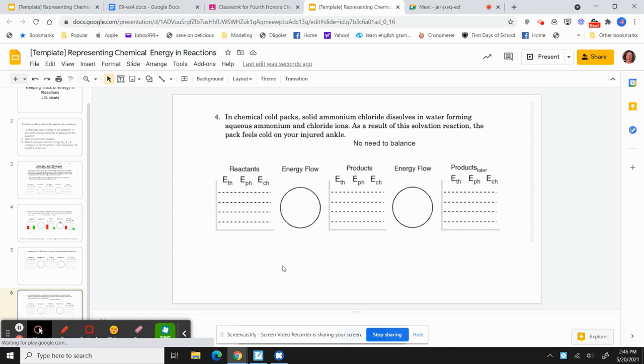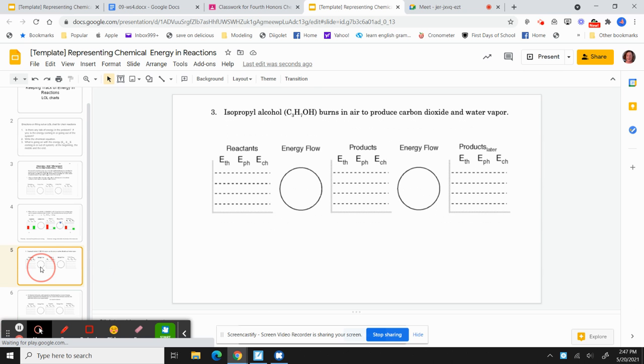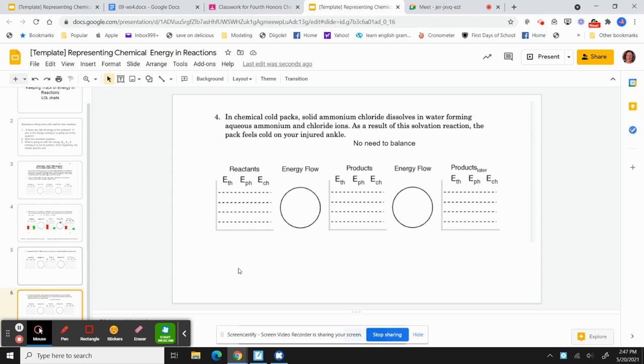You're just going to notice a little bit of a difference in that as a result of this reaction, the pack feels cold. So you've got to think about that a little bit on your injured ankle, and about where you're going to have to think about the energy. So your homework, you guys, is to do 3 and 4.